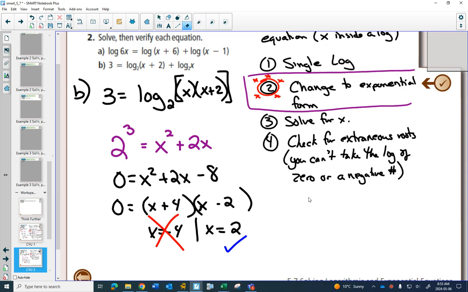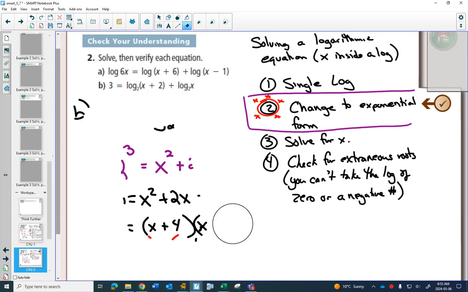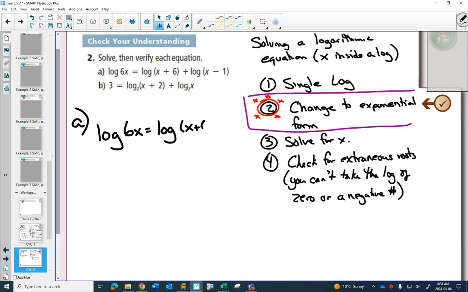I'm going to erase this one, and then I'm going to do A, and I'm going to add the shortcut. A has 3 logarithms. And so, first of all, I could combine the logarithms on the right-hand side together, because we're adding.